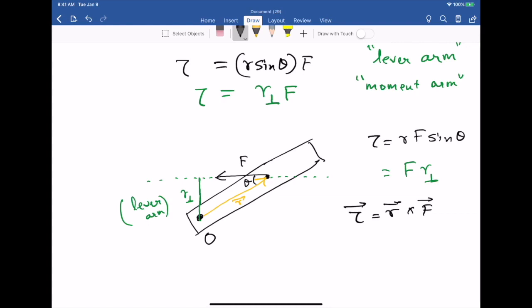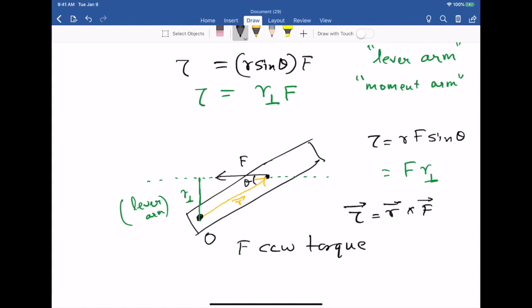Which way is it trying to rotate the object? Clearly, the force F, if it has its way, is going to rotate this beam in the counterclockwise direction. And so we would call this a counterclockwise torque. CCW, I just mean counterclockwise. It's my shorthand for counterclockwise.